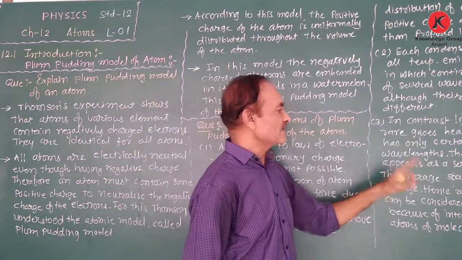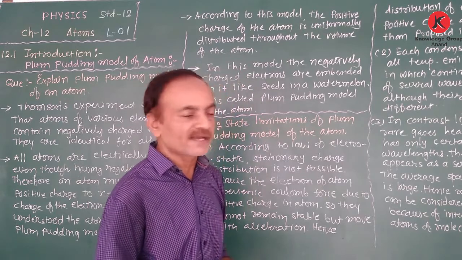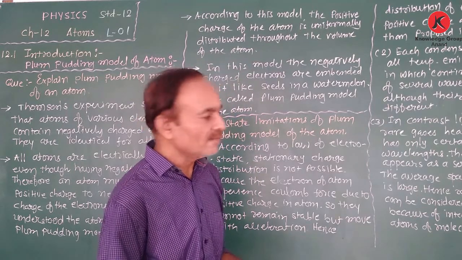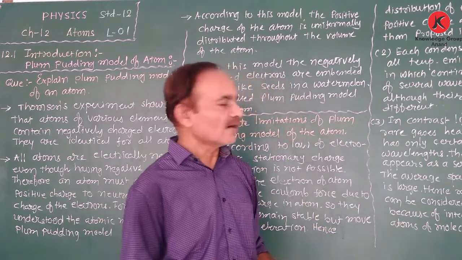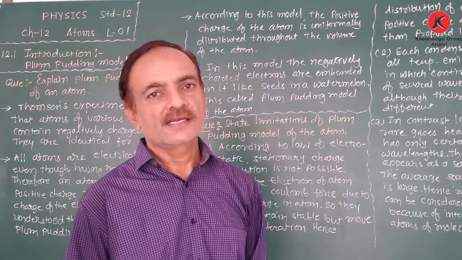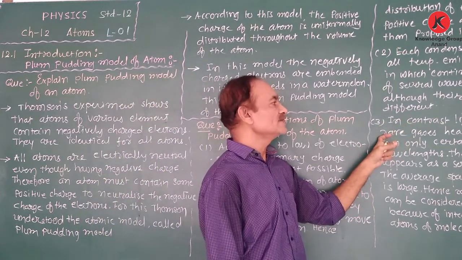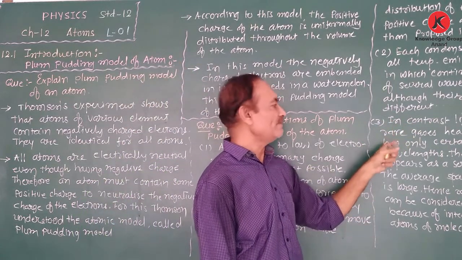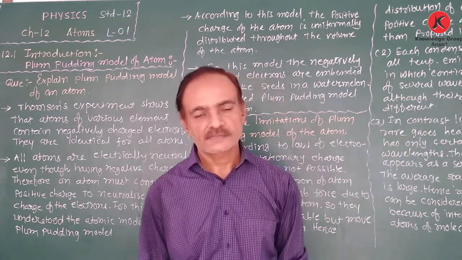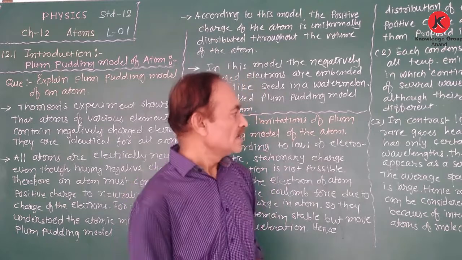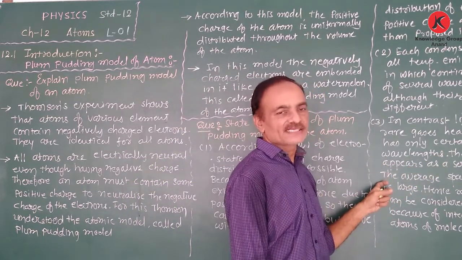The average spacing between atoms is large, hence the radiation emitted can be considered due to the atom rather than because of the interaction between atoms of the molecules. So here, in contrast, for light emitted from rarefied gases heated in a flame, only certain discrete wavelengths are obtained. The spectrum appears as a series of bright lines.